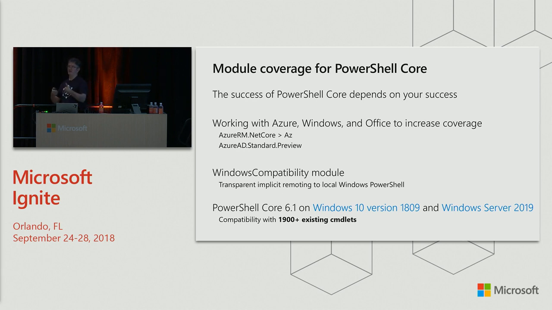When we talk about Windows PowerShell, then if you run PowerShell Core 6.1, and you don't have the latest or those insider versions of Windows 10, you can use the Windows compatibility module, install it from PowerShell Gallery, and it will provide to you a transparent implicit remoting targeting your local machine, and it will actually fetch the modules from Windows PowerShell. It's genius, seriously.